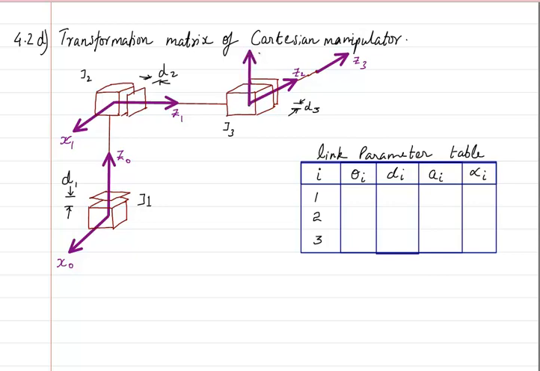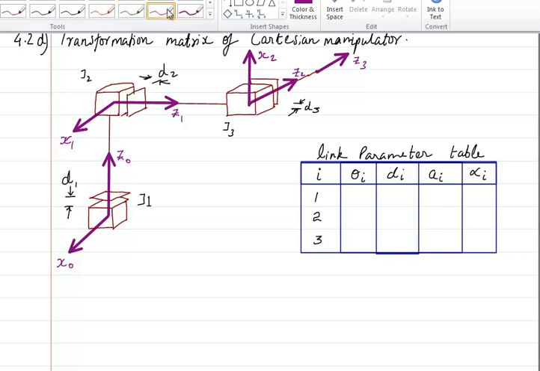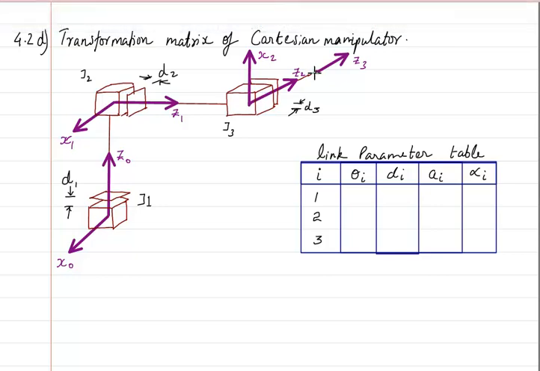So this one is my x2 axis. Similarly, for the last one, since it's not a joint and Z2 and Z3 are collinear, I can draw it anywhere. The only thing is that its direction should be the same as the previous, so I will draw x3 in this direction. I'm reducing the height just because I don't want to cover the top portion. So this is x3, and now the axes are done.